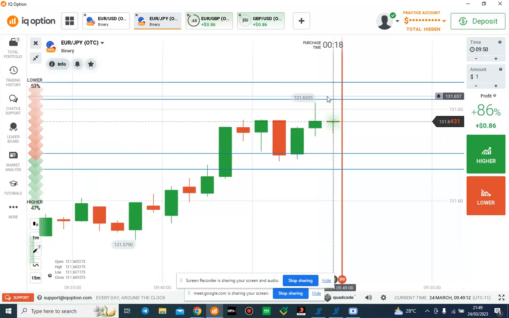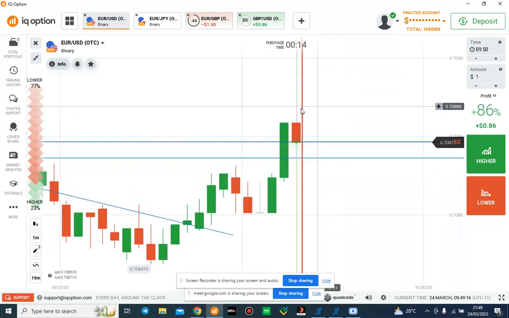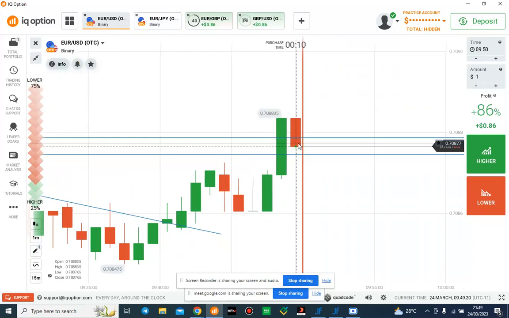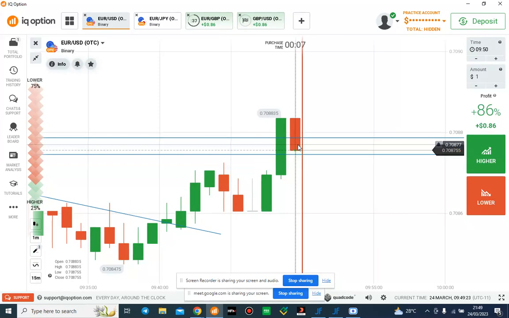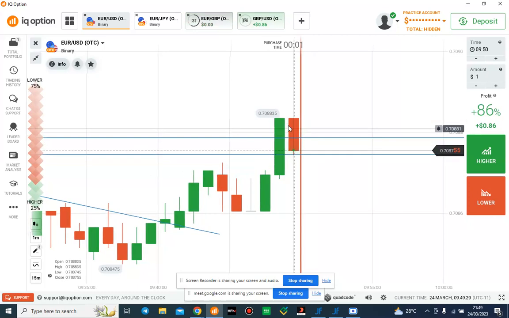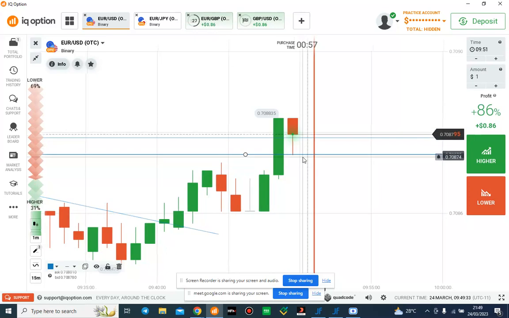And this one, the market is approaching this breakout. Let's see if it is a false breakout. If it is a false breakout, it should close below this lower line.